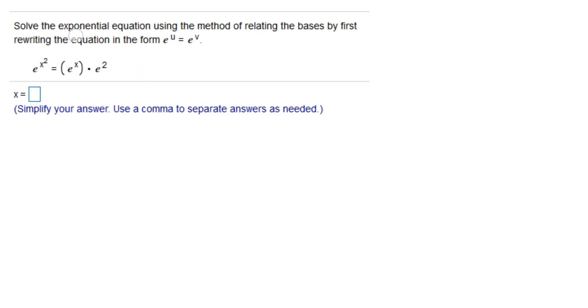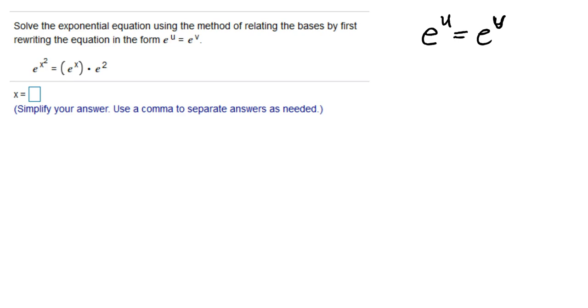This question says solve the exponential equation using the method of relating the bases by first rewriting the equation in the form e to the u equals e to the v. So this relating the bases method wants us to write it as e to the u equals e to the v.